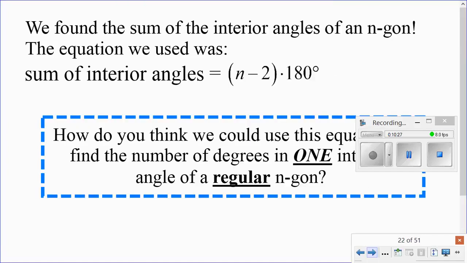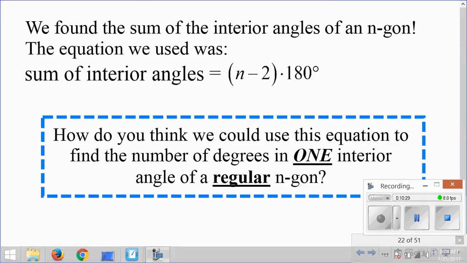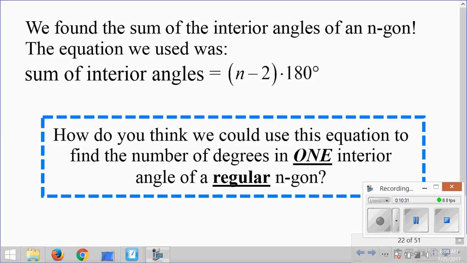Okay. So if we found the sum of the interior angles of an n-gon, we have that equation. How can we use the equation to find the number of degrees in one interior angle if it's a regular n-gon? Regular, again, meaning all the angles have the same measure and all the sides have the same length.